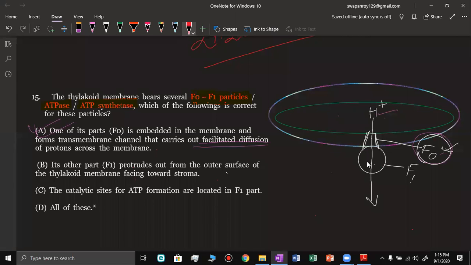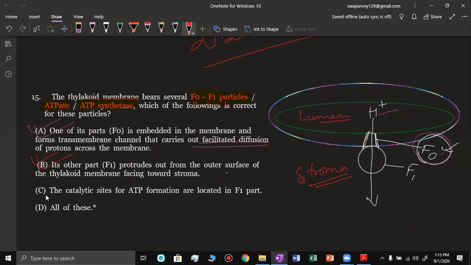This is exposed, and this is on the stroma side. This is the lumen. So the F1 portion is on the stroma side, and the F0 portion is embedded. So this statement is also correct.